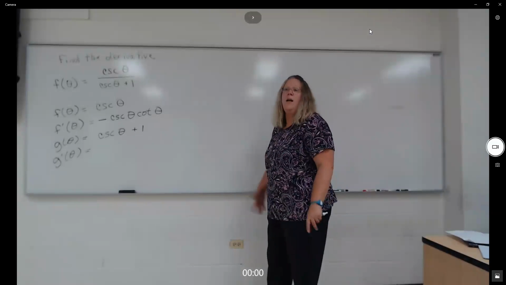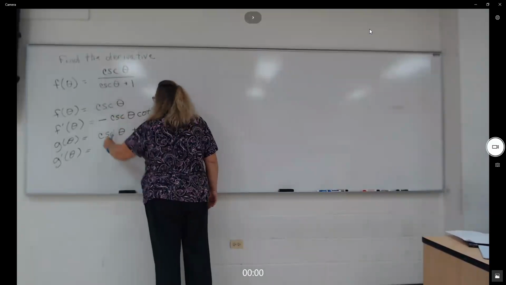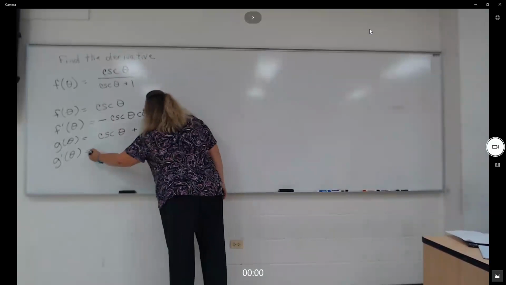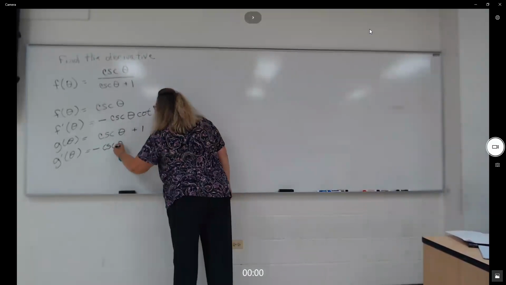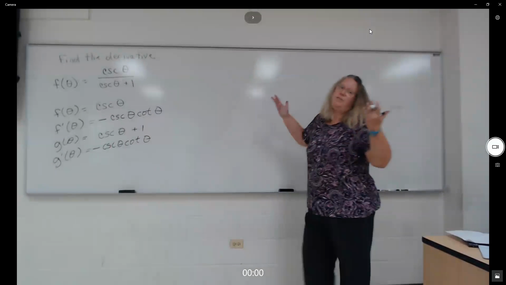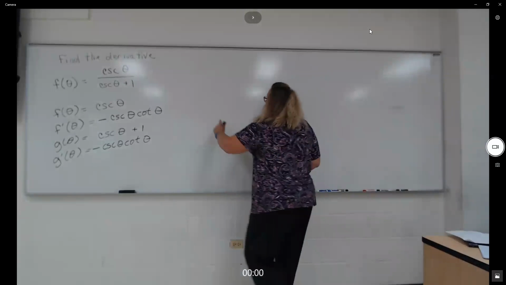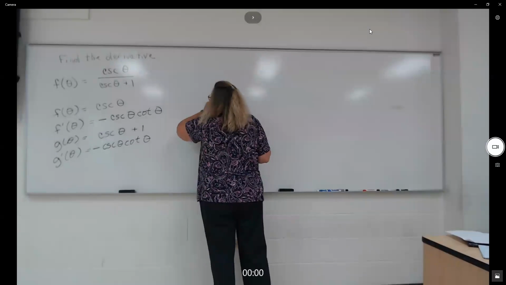Yeah, that's kind of cool. So she's exactly right. We do the derivative of this guy, which just so happens to be that negative cosecant cotangent. And then she moves on and says, okay, it's 1, but the derivative of 1 goes to 0. All right, so we get some similarities here, so that means we'll probably be able to do some simplifying.